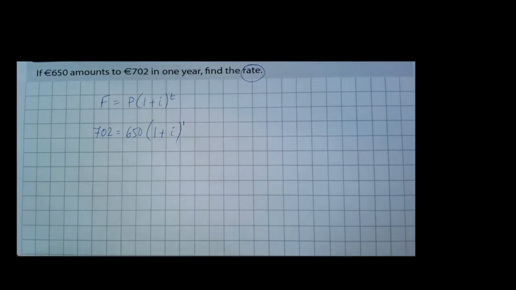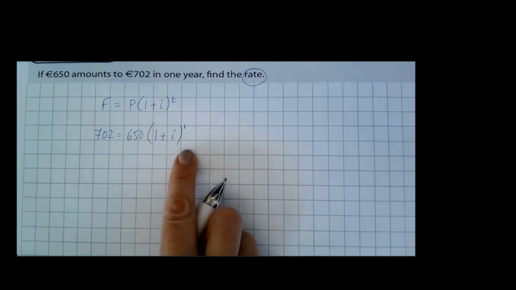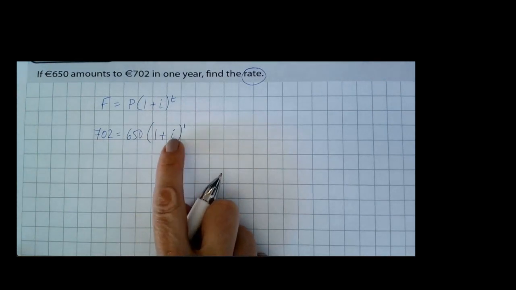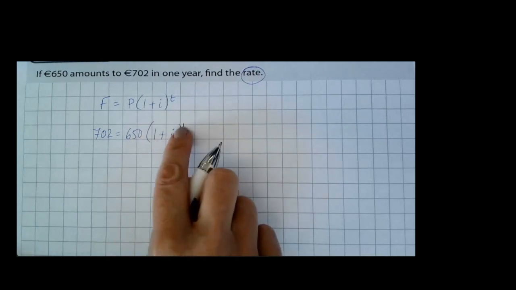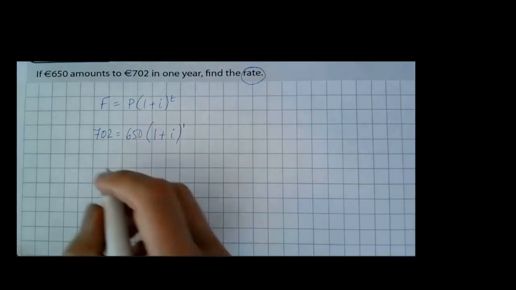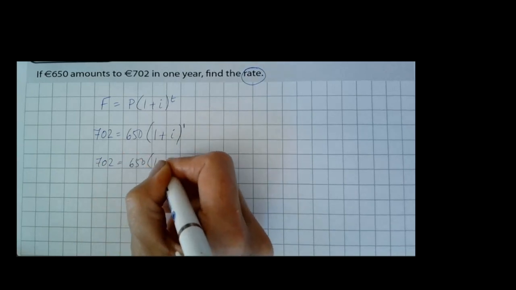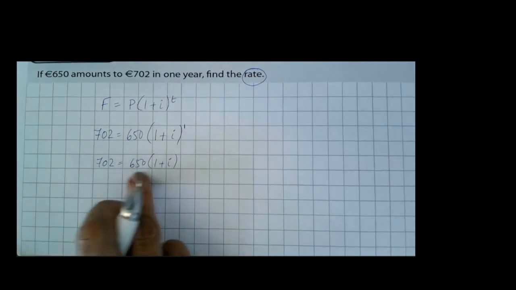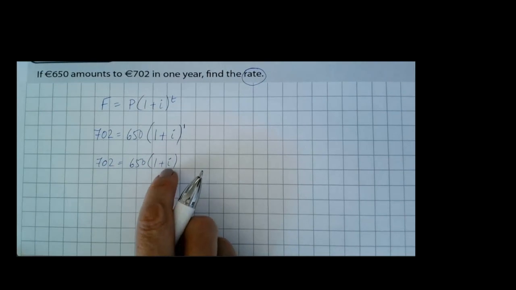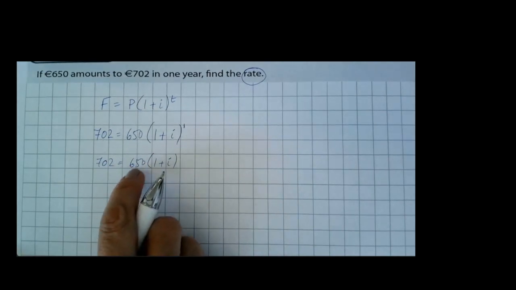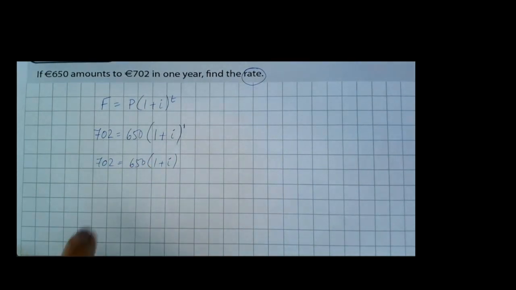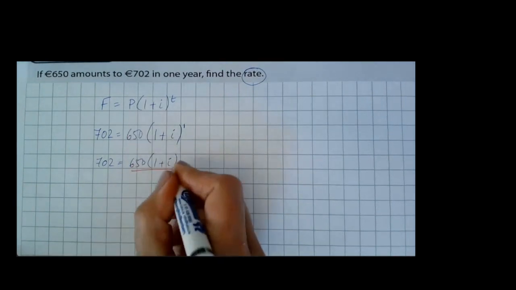Okay, so what I end up with is this, and what I want to try and figure out is the I. So this is the power of 1, so that's just going to be 1 plus I. And I'm going to try and break down this equation to get what that I is. So the first thing I'm going to look to get rid of is the 650 here, which is being multiplied on this side.